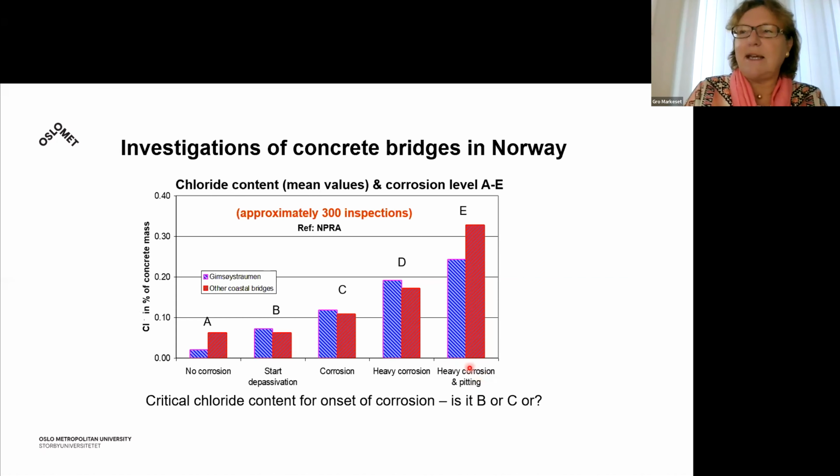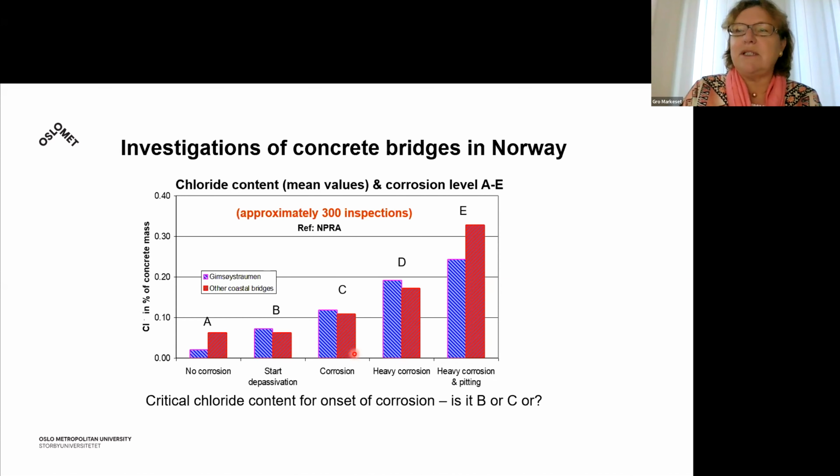So then we can ask, what is the critical chloride content for onset of corrosion? Is it when we have start of deposition and we don't see any iron dissolution, but we have an indication that something is going on, maybe some small rust stain? There you see, okay, here for sure there is some corrosion, but it's not heavy.